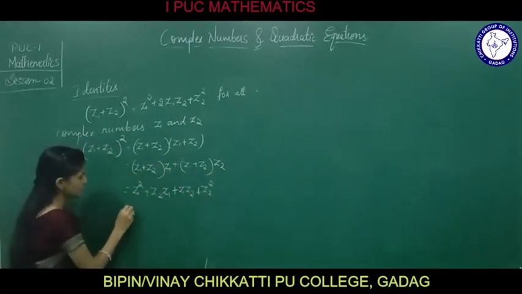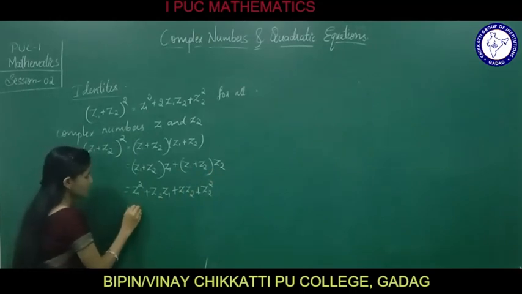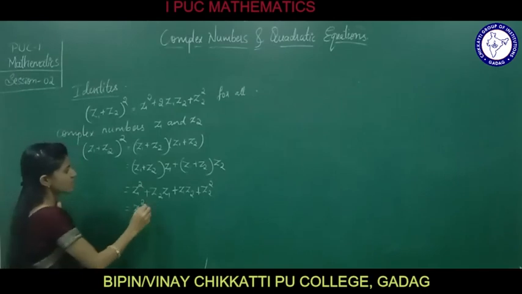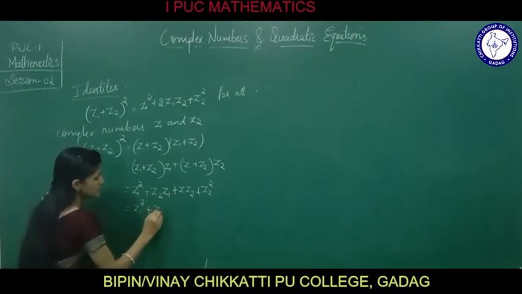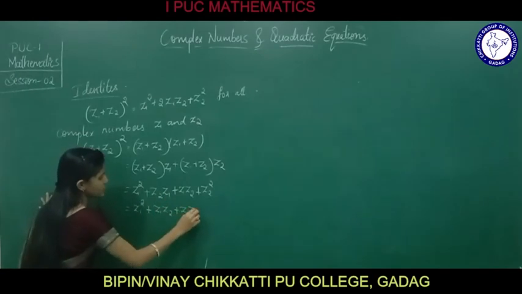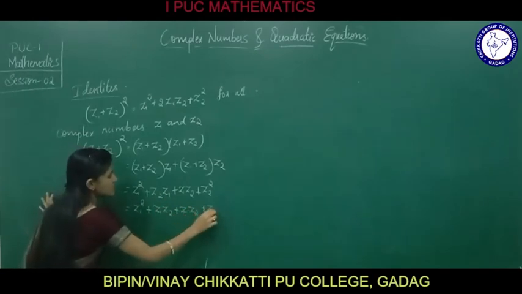Next, we write it as z1 square plus z1 into z2 plus z1 into z2 plus z2 square.